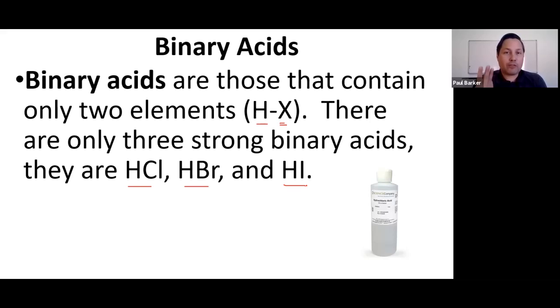Those are the only 3 you have to memorize. Everyone else, you say, well, that is a weak binary acid. All right, so that's how you can tell if a binary acid is strong or weak. If it's a hydrogen attached to Cl, Br, or I, strong. Everybody else, say, oh, that's a weak binary acid.